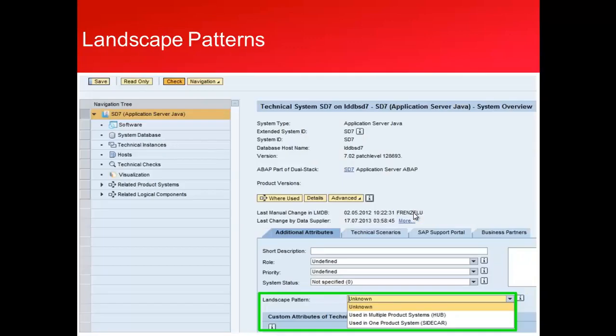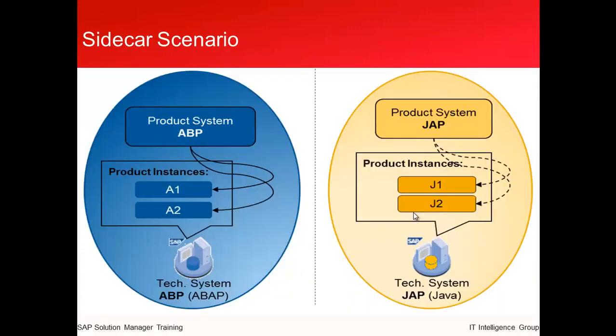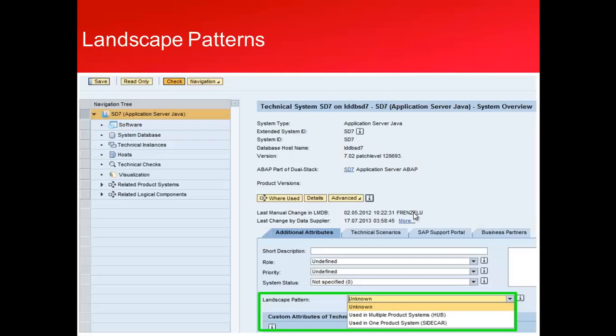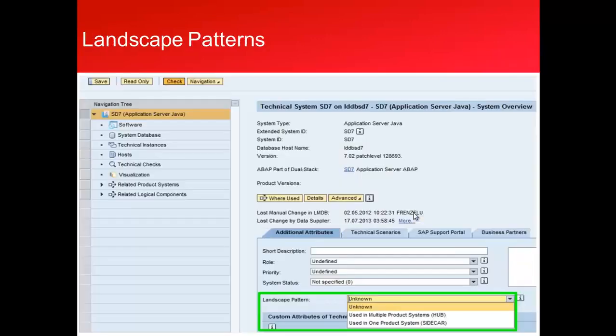So take the definition for the hub system, because in SLD or in LMDB we define them as a hub system when they are used in multiple product systems. This is how we ensure that we can define a clear-cut mapping between the systems.